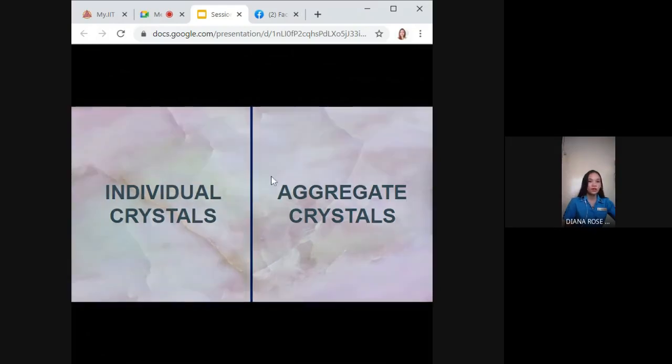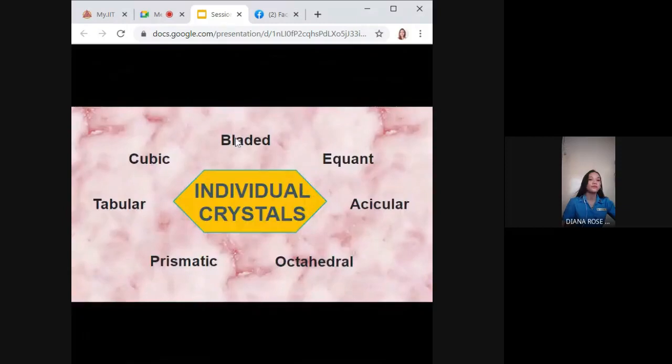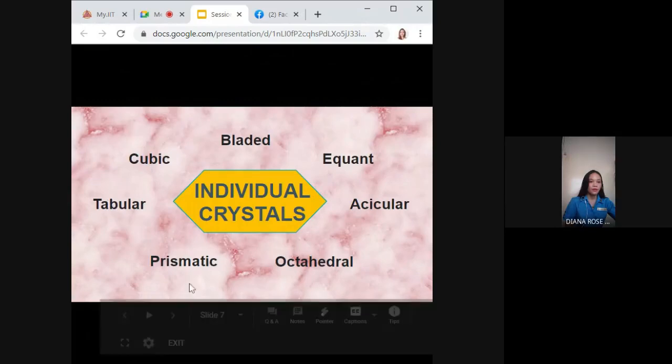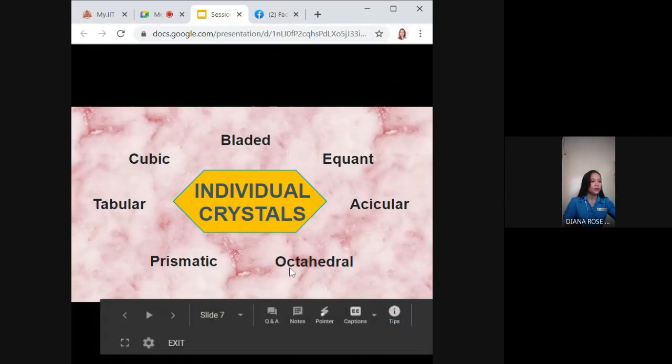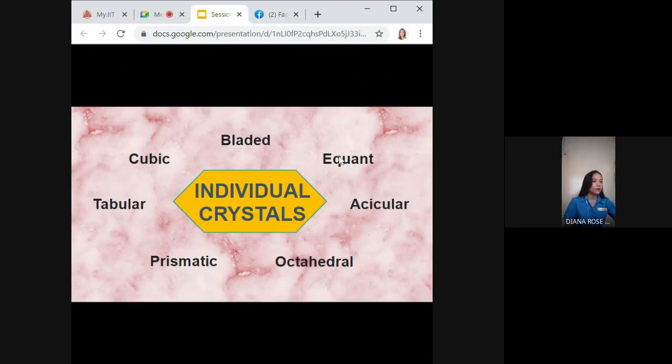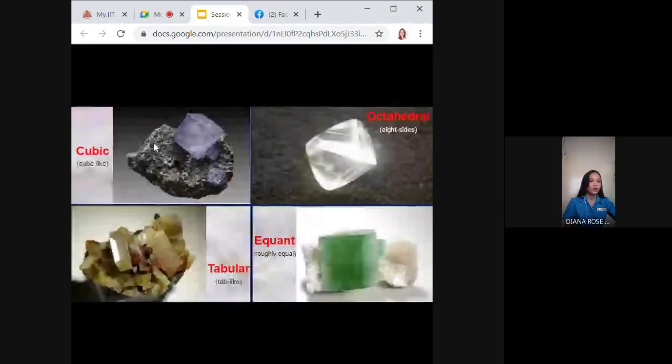So let's take a look at this. In individual crystals, there are cubic, tabular, prismatic, octahedral, acicular, and equant shapes, like this one. Cubic, or cube-like. We also have the octahedral, which has 8 sides.